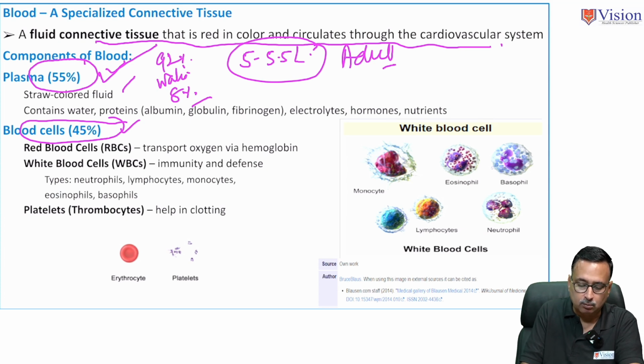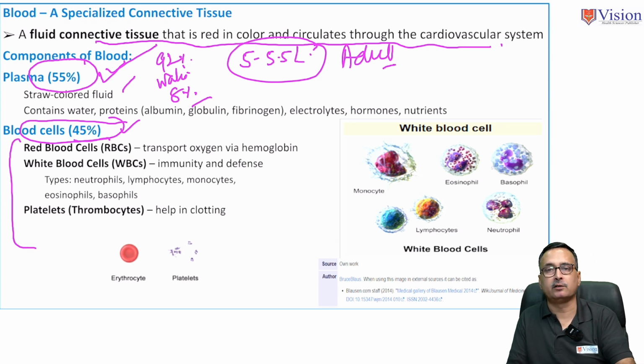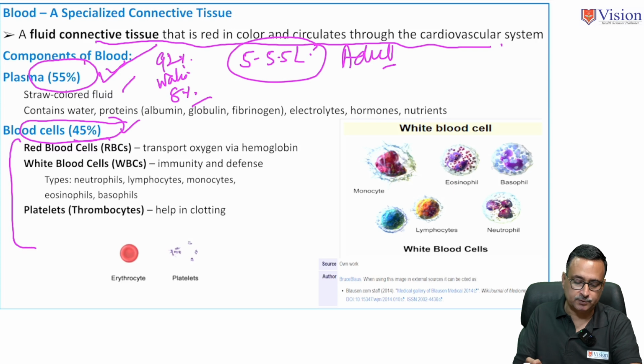About blood cells, total blood cells account for 45% of the blood volume. Blood cells, based on function and structure, are of three types. One is red blood cells, named due to their color, and red blood cells are also called erythrocytes.